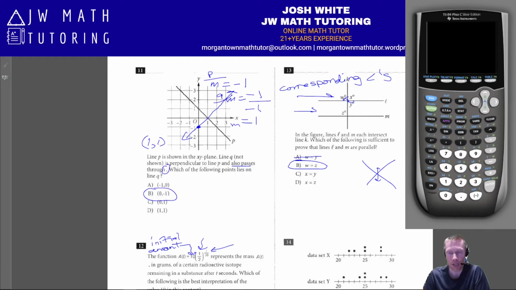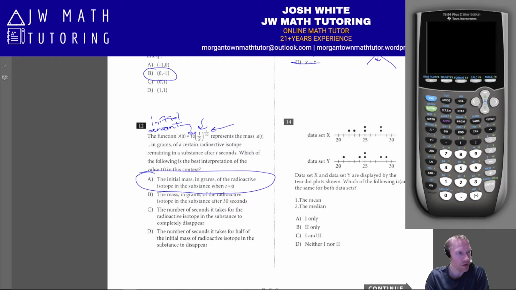They have nothing to do with the lines being parallel, because they're not formed by line M. They're only formed by L and K. And then X and Z are not any special type, because one's up here and one's down here. So they don't have any type of special relationship. So it's just W and Z, the corresponding angles.